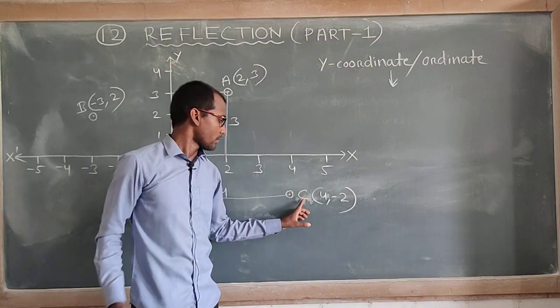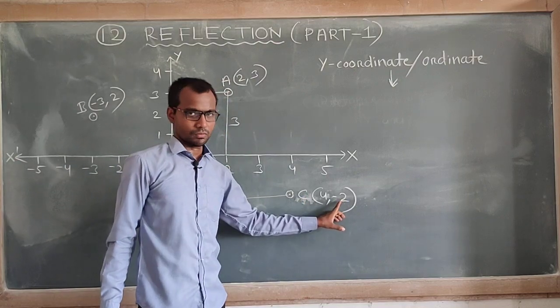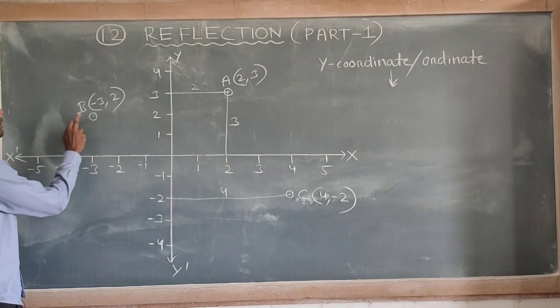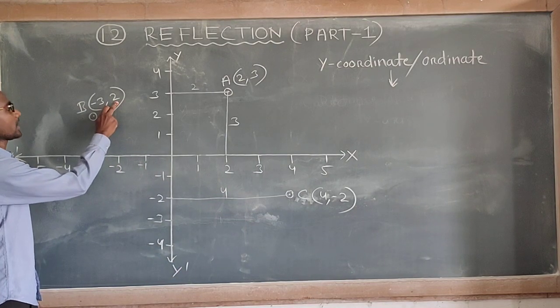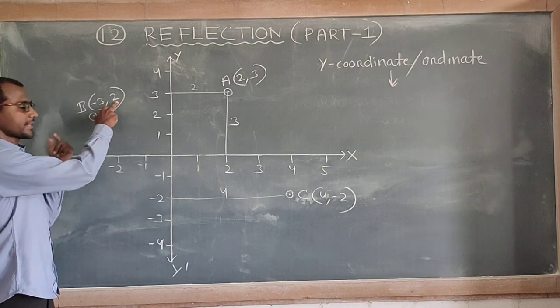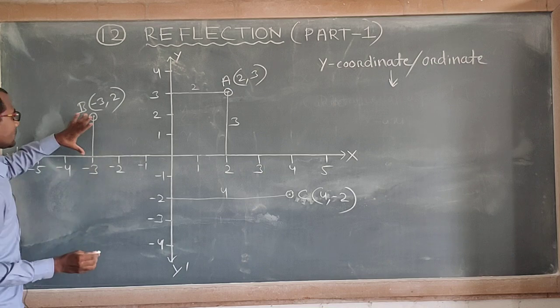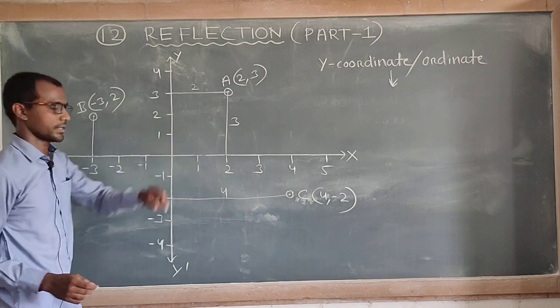Similarly, see here, the y coordinate of C is -2. Let us see, suppose B. The y coordinate of B is 2. Now, what is the distance of point B from the x axis? That means this distance. This distance is 2 units.